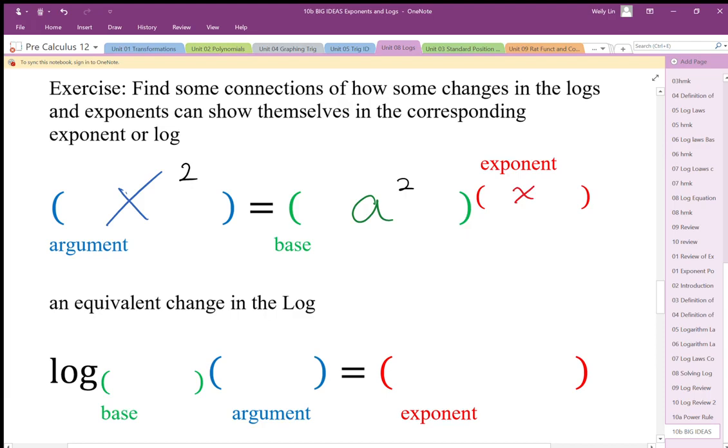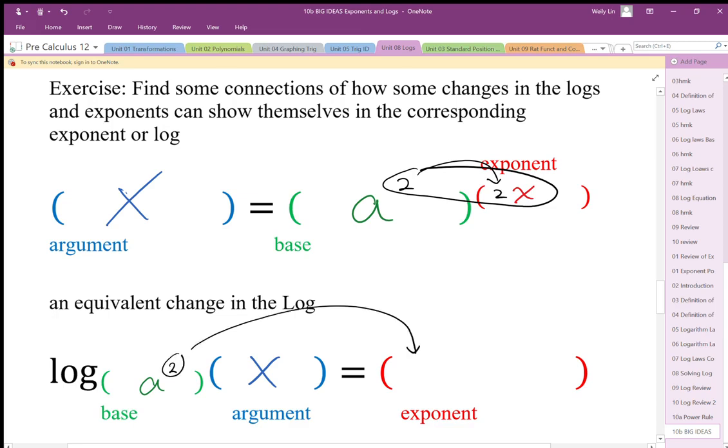Okay, and again, this is one I've shown before, where if I change the base and argument, the powers on the base and argument are connected because in the exponential form they are on opposite sides of each other, so they can show up like that and then balance off. This exponent A could then be translated into here.